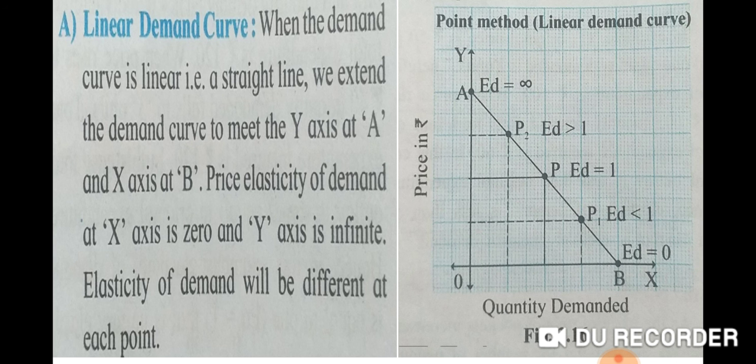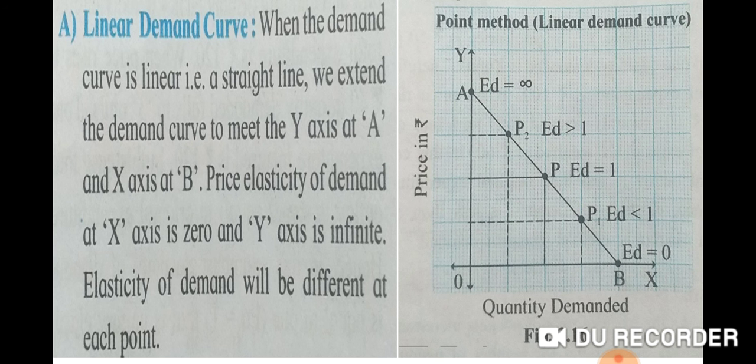P1B is the lower segment and P1A is the upper segment. P1B is equal to 2 centimeters and P1A is equal to 6 centimeters. So 2 divided by 6 is equal to 0.33. So elasticity of demand is less than 1 here.